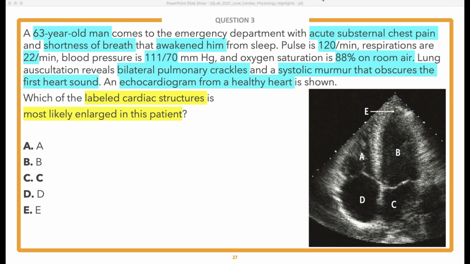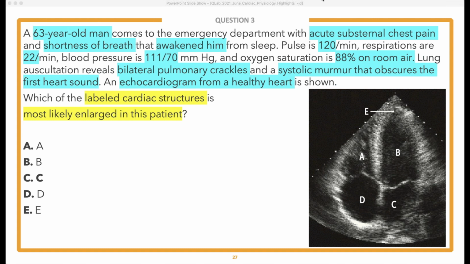The reason we can say that is because letter E is pointing at the apex, or the narrowing of the heart. And obviously, in general, the ventricles are a little bit bigger than the atria, keeping in mind this echo is from a healthy heart. So E is pointing at the apex, which makes sense because B and A seem to be a little bit bigger than the letters below it.